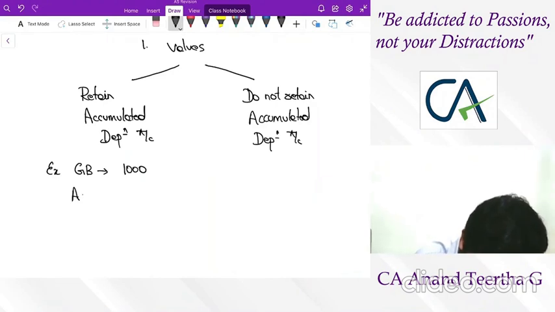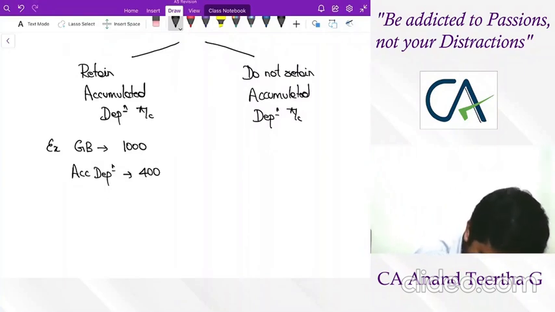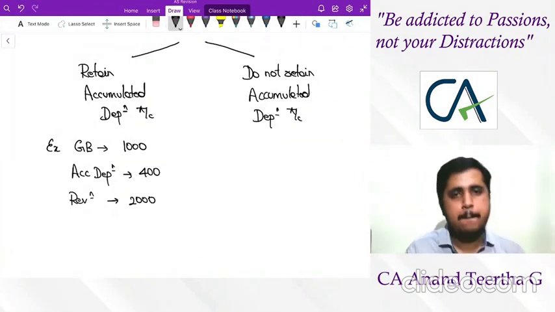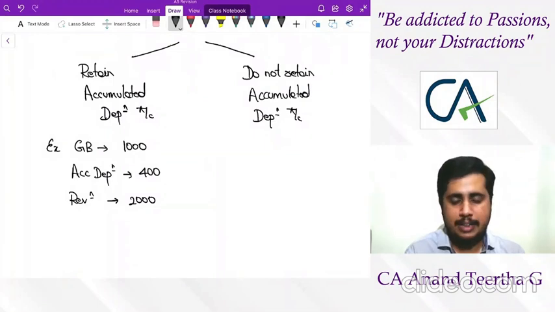The accumulated depreciation on this is 400 rupees, and after revaluation, the value is 2000 rupees. So 2000 rupees is the value after revaluation, 1000 is gross block, 400 is depreciation. That is the assumption of this example.